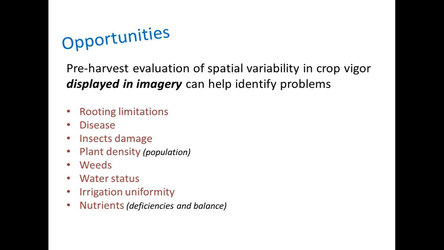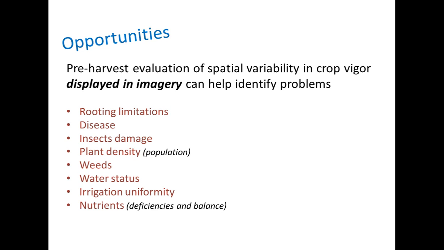Weeds have a very distinct, different image within the total image, a different pattern. Water stress, uniformity of irrigation, we'll show you some of that in a moment, and then nutrients, either the balance or the deficiencies. So here's a couple of examples.